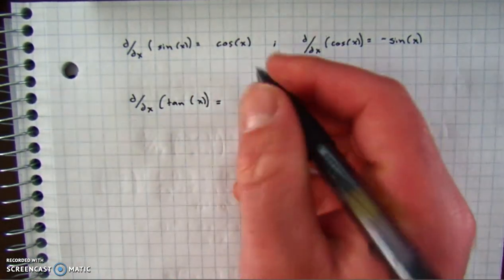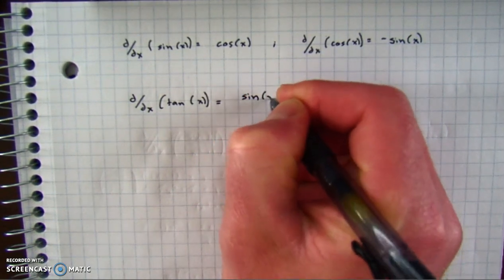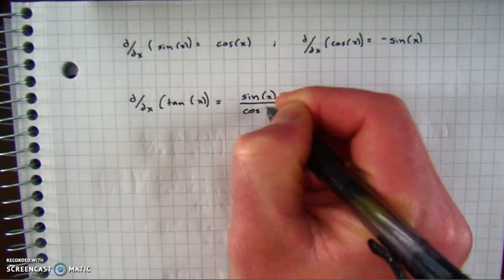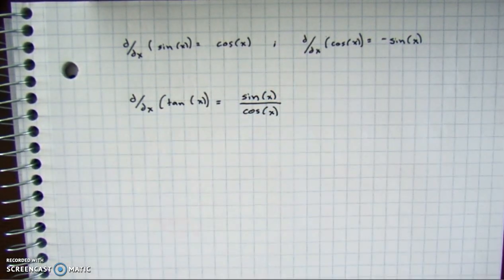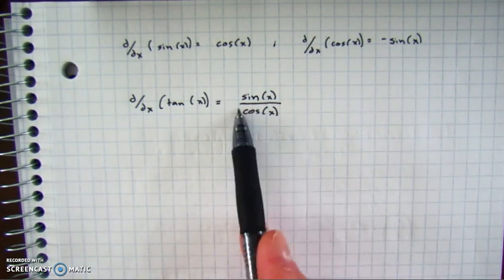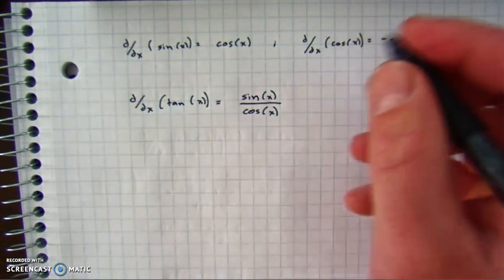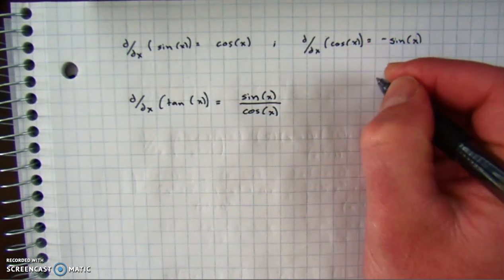All right, so the derivative of tangent, by definition, tangent is going to be sine over cosine. Well, this is just a quotient right here, so we're taking the derivative of the quotient, so we can use the quotient rule. I'll write it over here just to help us out.